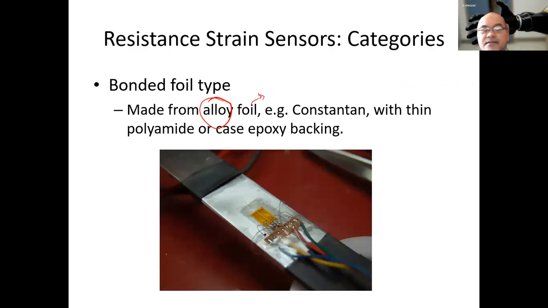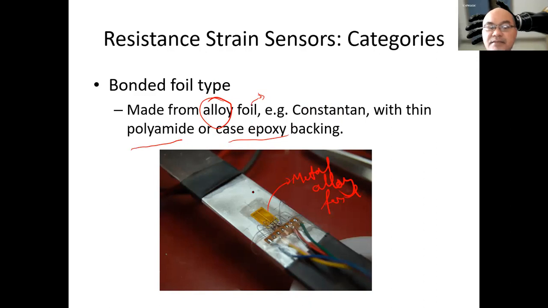This metal alloy, for example constantan, is embedded or coated onto a thin polyimide or epoxy backing. Polyimide itself is a polymer that forms the flexible substrate for the metal thin film.